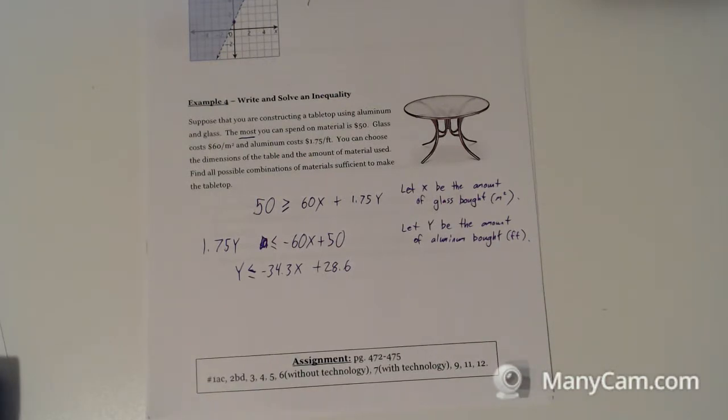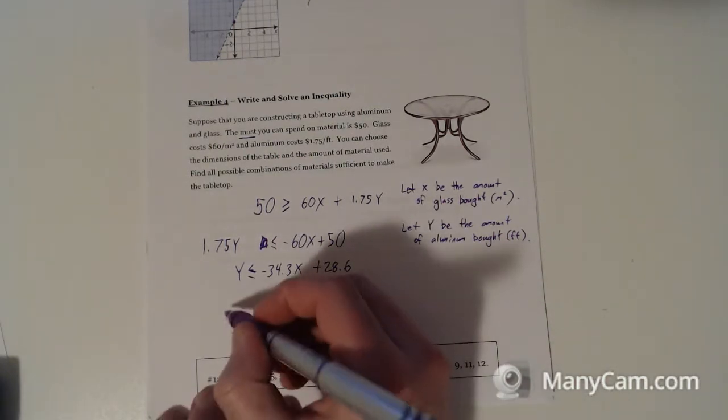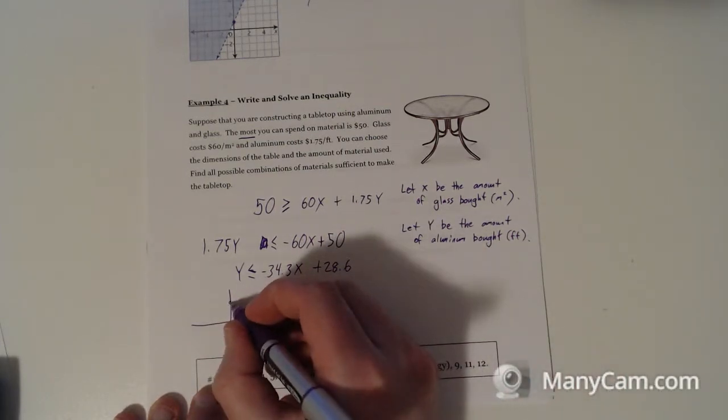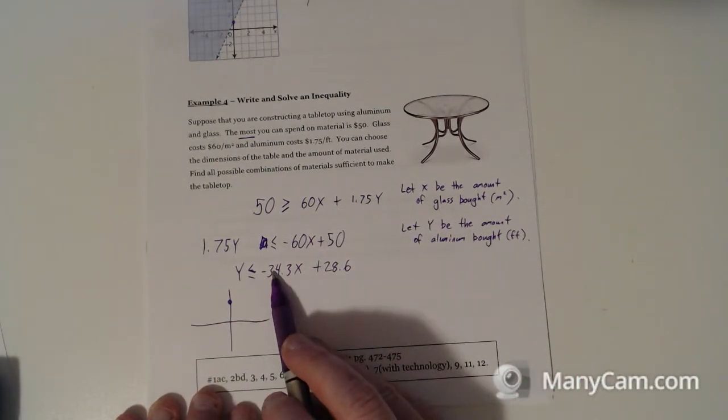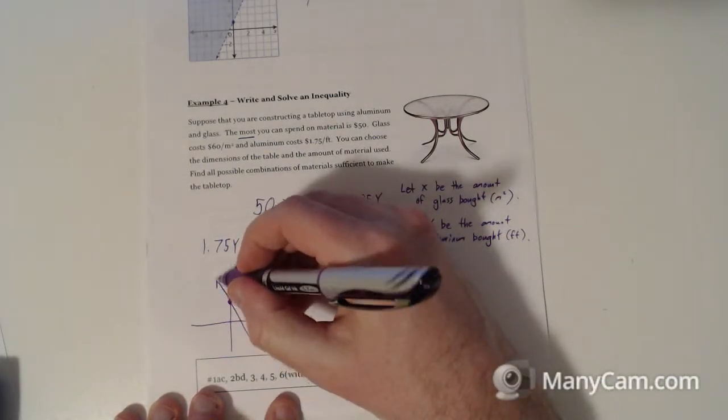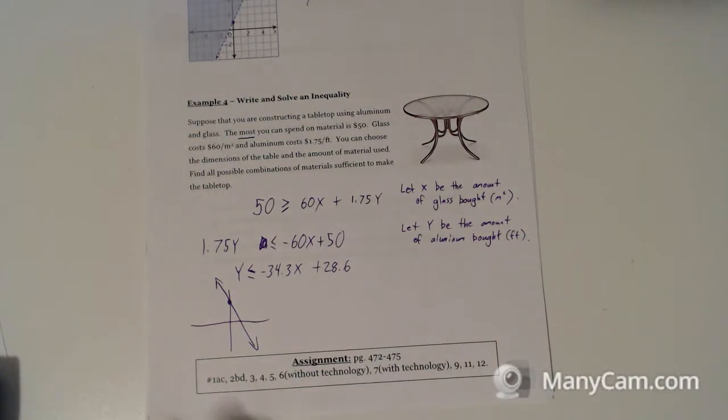So we could get a graph something like that, and then we would graph it. And roughly what does that look like? Well, it starts up high at 28, and it's going to be going down quite steeply. It's going to look something like that, roughly. It will be a solid line, and then we're looking for everything less than that.